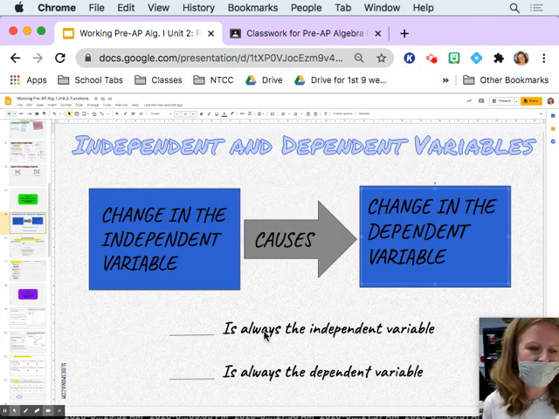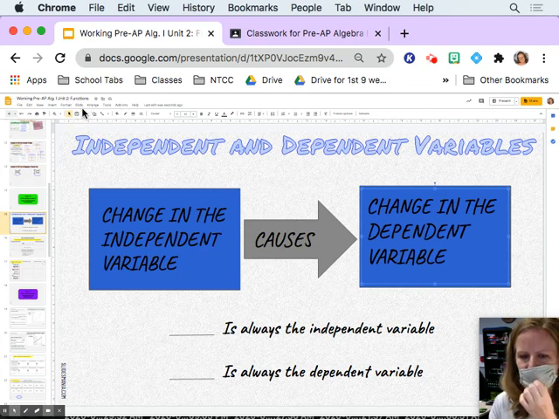Okay, so the X value is always the independent and the Y value is always dependent.